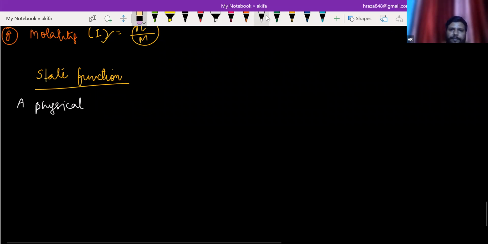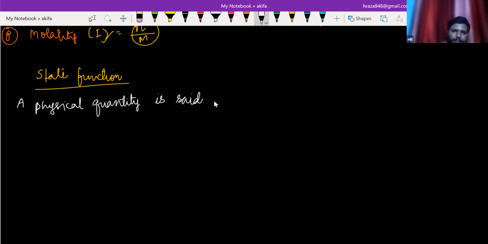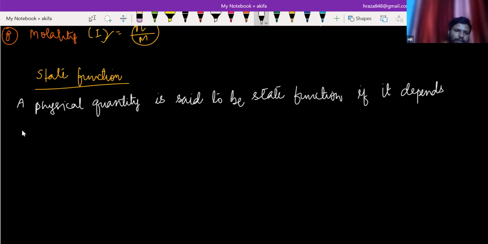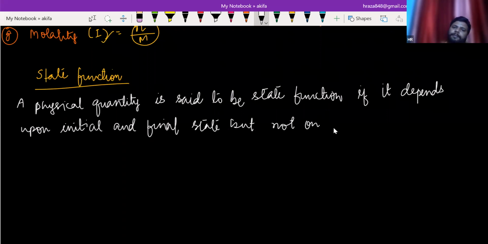A physical quantity is said to be a state function if it depends upon initial and final state, but not on the paths followed by the system.